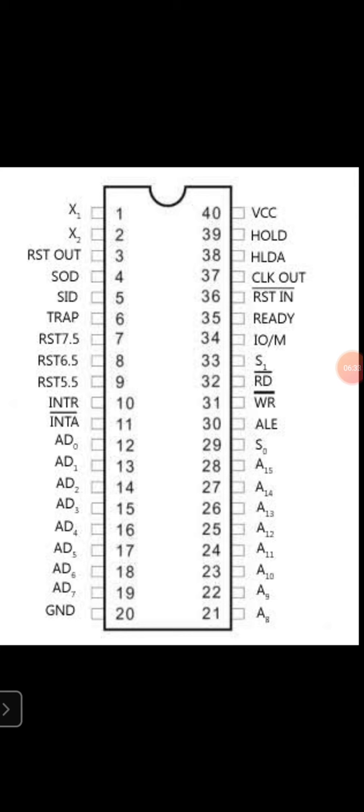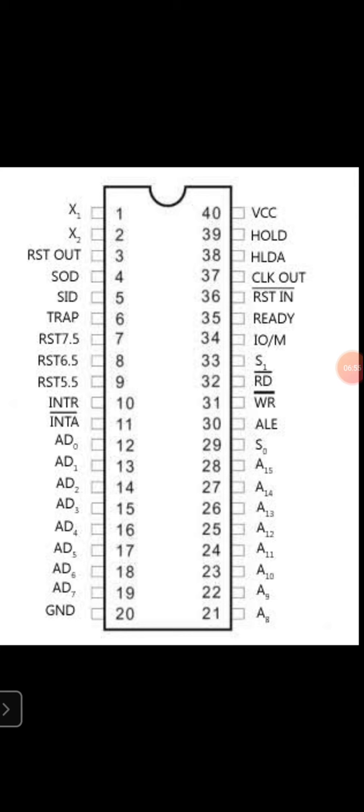Now here also, depending on the values of the status signals S0 and S1, we observe RD bar, WR bar, and ALE.